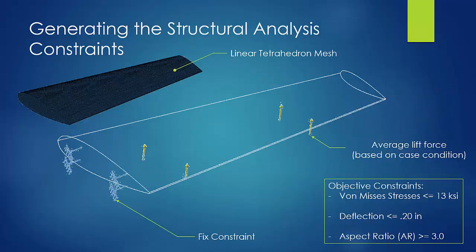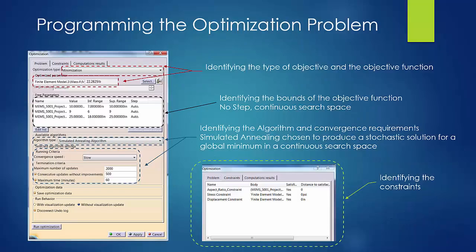From a structural analysis perspective, we used a linear tetrahedron mesh to generate our analysis, and we also applied a lift force and a fixed constraint to the wing to simulate the flight conditions. This generated the objective constraints of the von Mises stresses, deflection, and aspect ratios to the values you see on the screen.